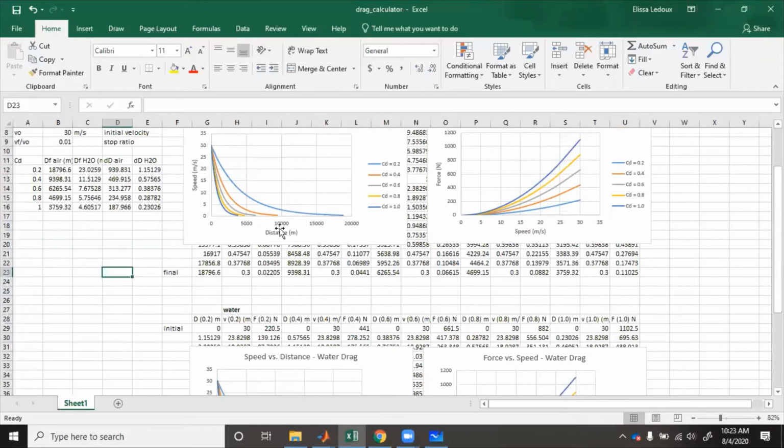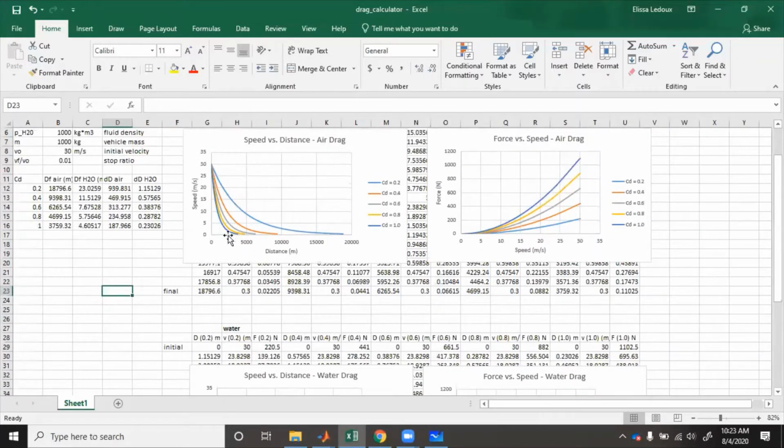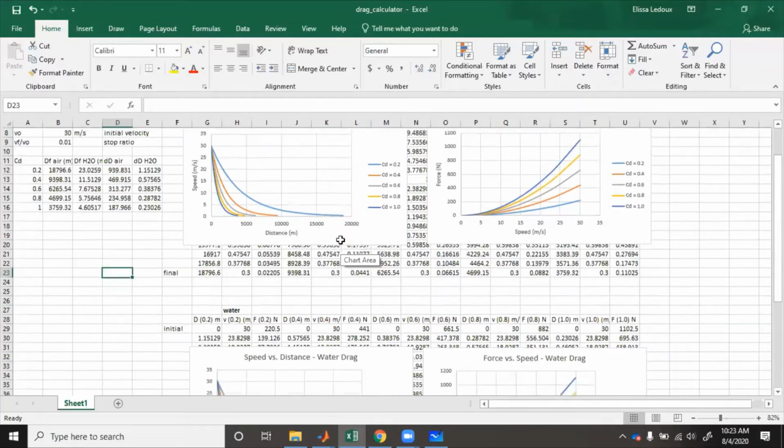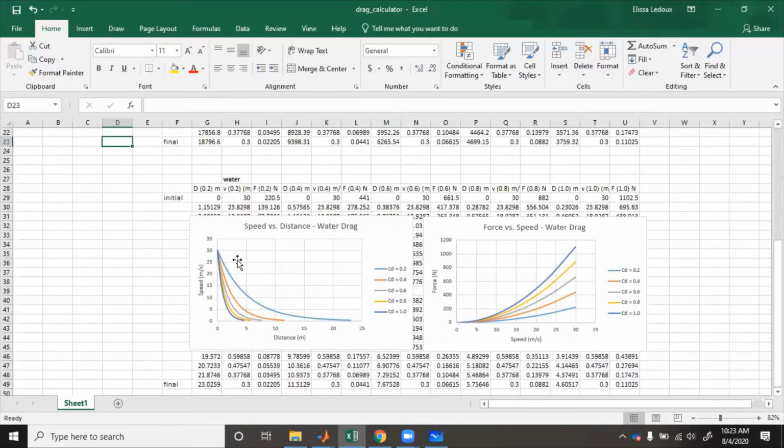So here in air, to get to essentially zero speed, say if your drag coefficient is 0.2, you can go about 18,000 meters once you cut off the engine. But in water, if you cut that engine off, you cannot even go 25 meters. The water is so much more dense than air, it has so much more drag.